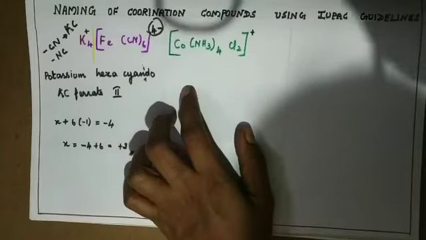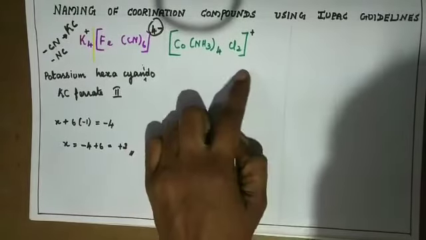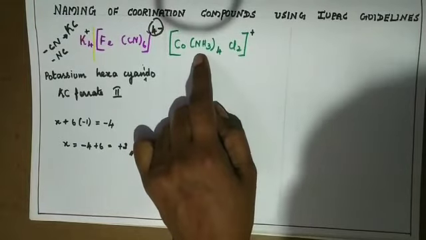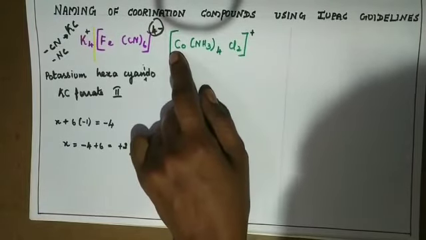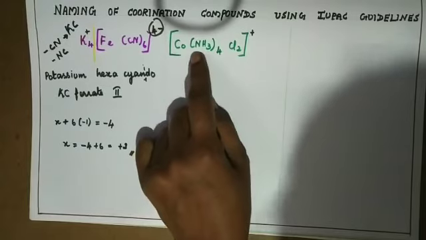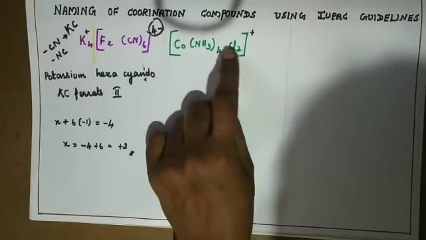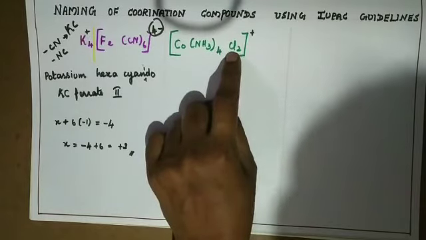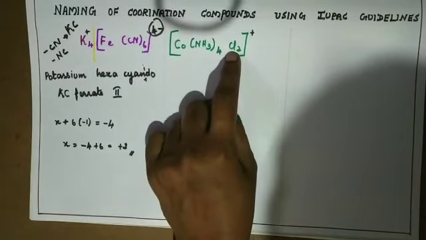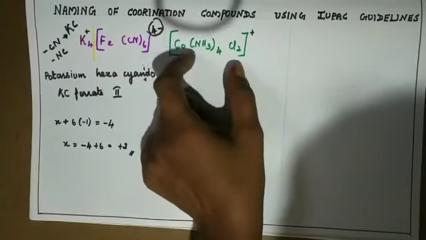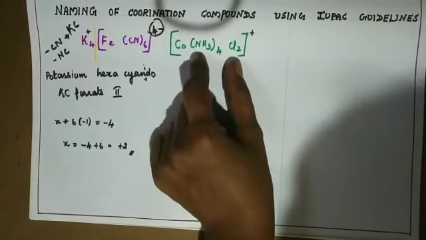In this cationic complex, first we refer to the ligands present in it. Here the central metal ion is cobalt, NH3 is a neutral ligand, and Cl2 is a negative ligand. Different kinds of ligands are available.